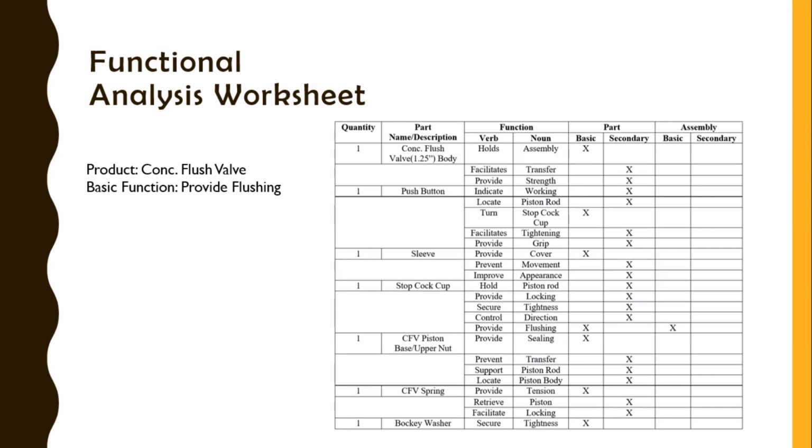Once identified, we can see what we are going to do with any functional element. Push button is there, sleeve is there, so whether we can go for any alternative for any of these sub-functional elements, okay?